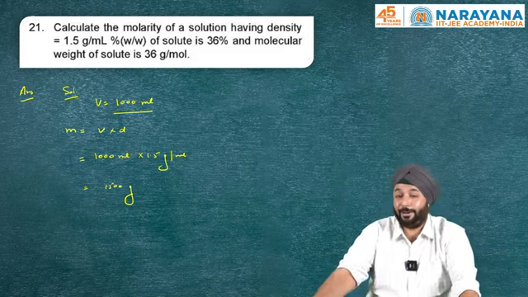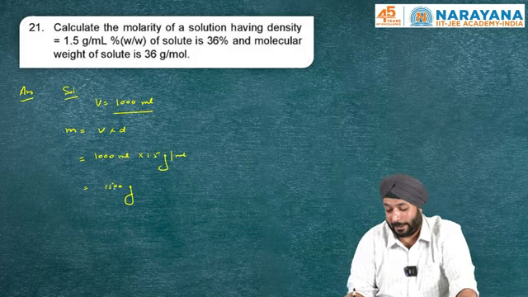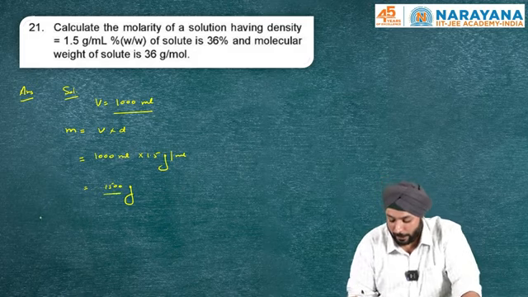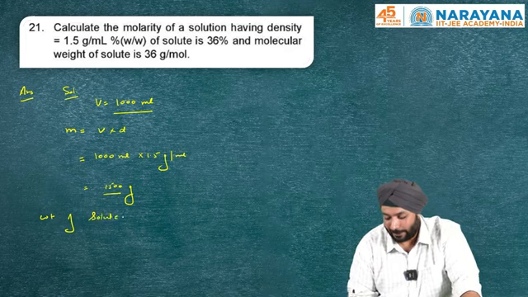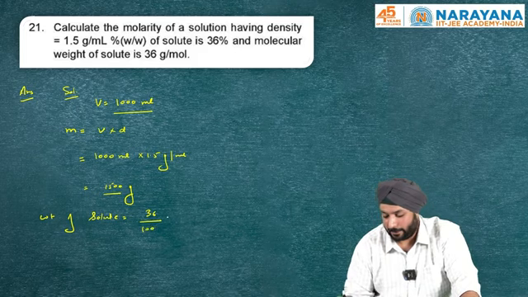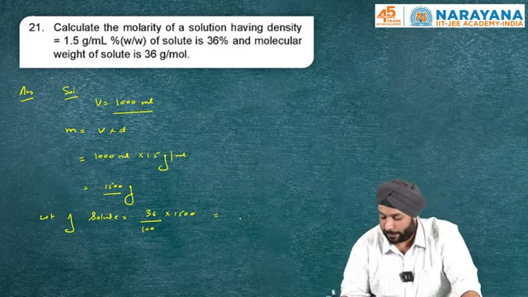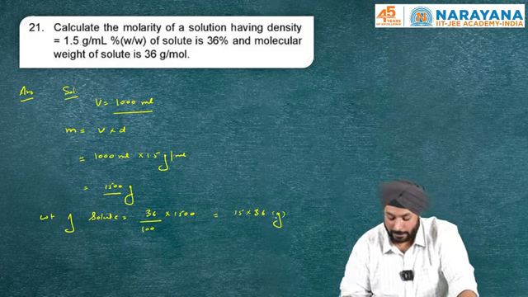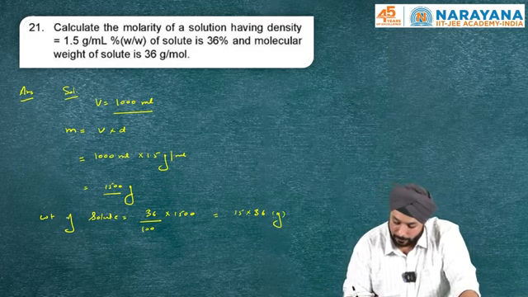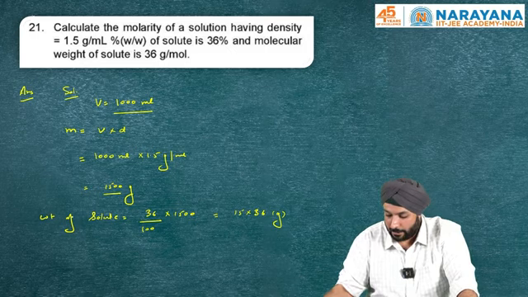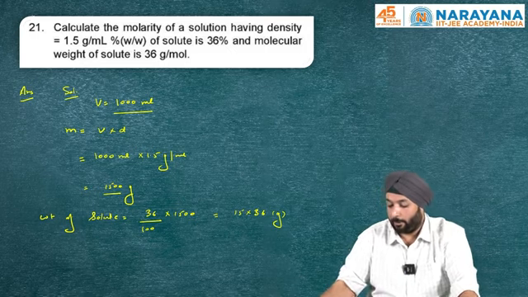Now he says that your solute is 36% of the entire solution. So the weight of solute should be equal to 36% of the entire solution, right? So you'll get 15 into 36 grams. After this, you want to calculate the number of moles of solute.